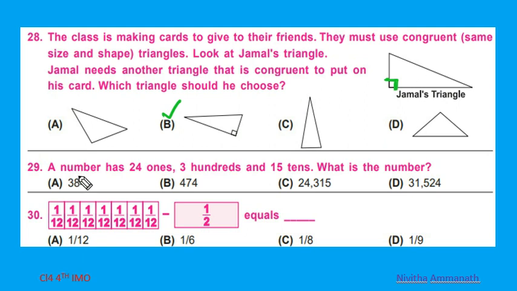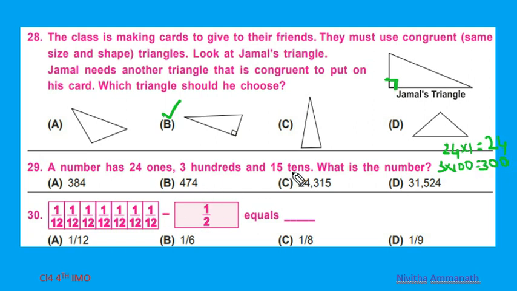Next one, a number has 24 ones, 3 hundreds and 15 tens. What is the number? How do we look at it? 24 ones means 24 into 1, that is 24. Then 3 hundreds, 3 into 100, that is 300. How do we write this? In ones place 0, tens place 0, hundreds place 3.